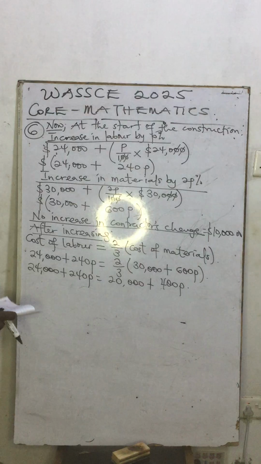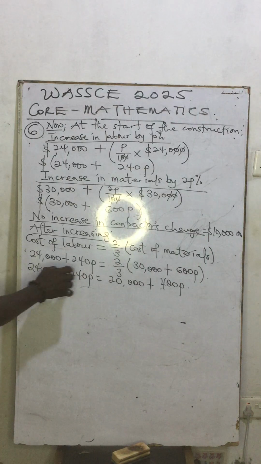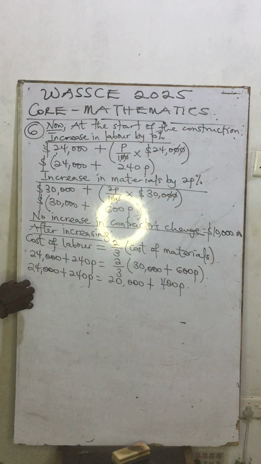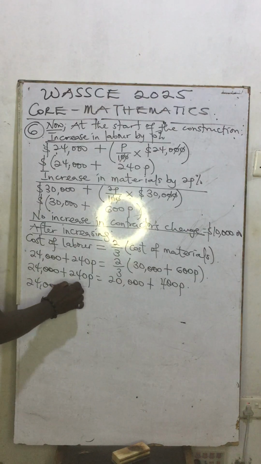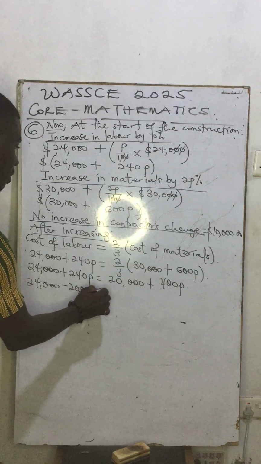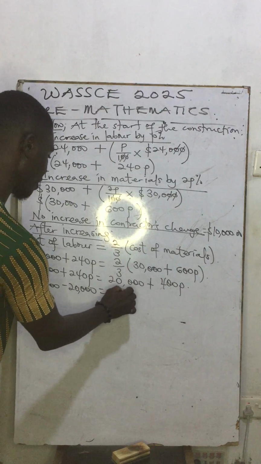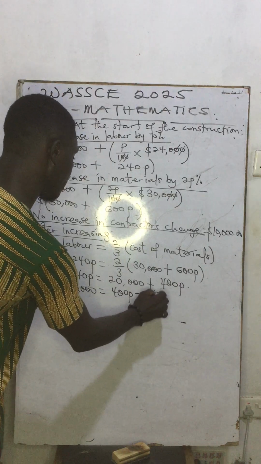Now we group like terms: 24,000 minus 20,000 is equal to 400p minus 240p.